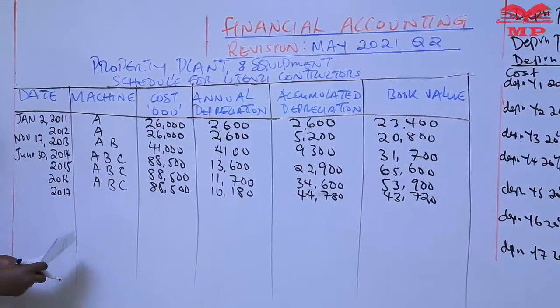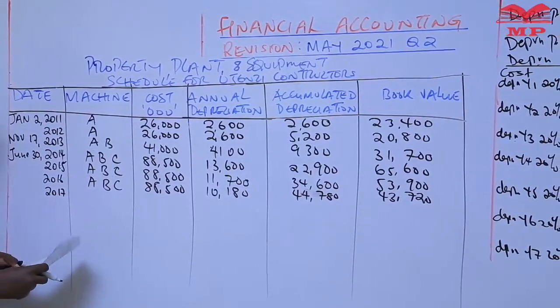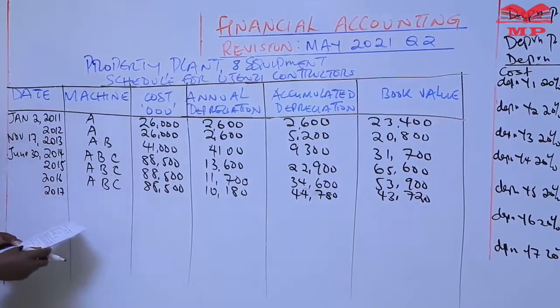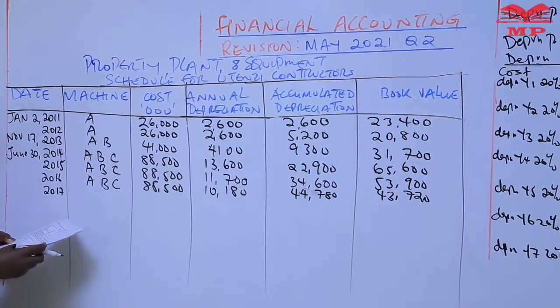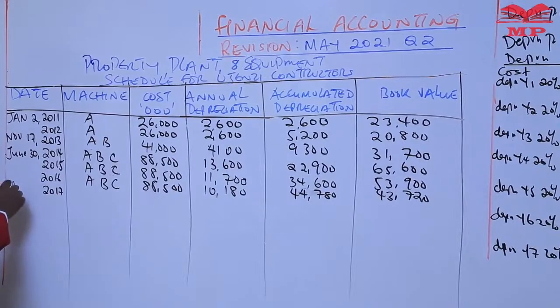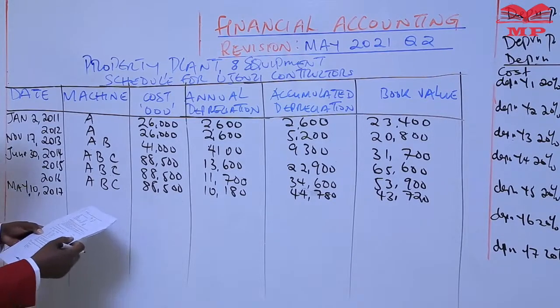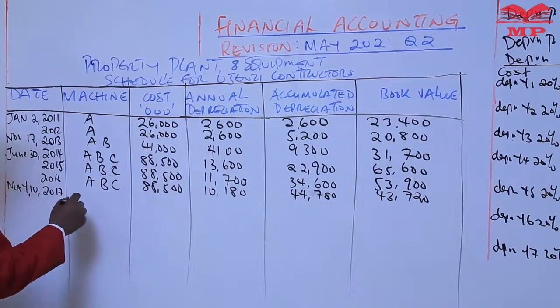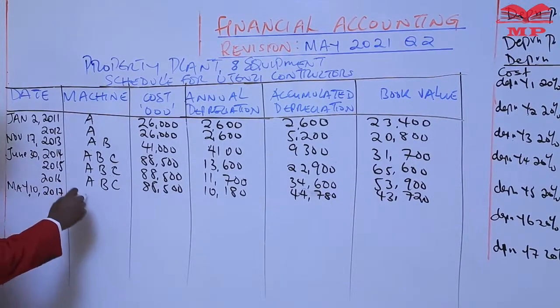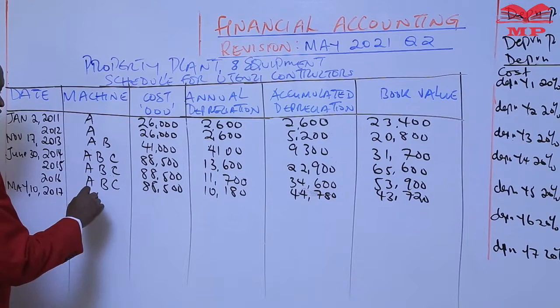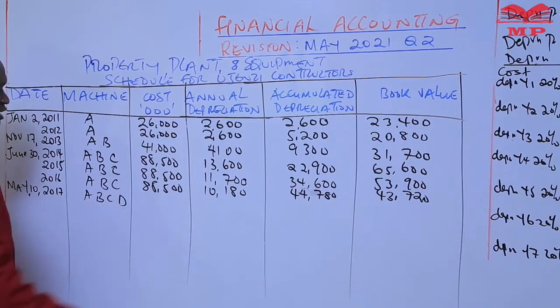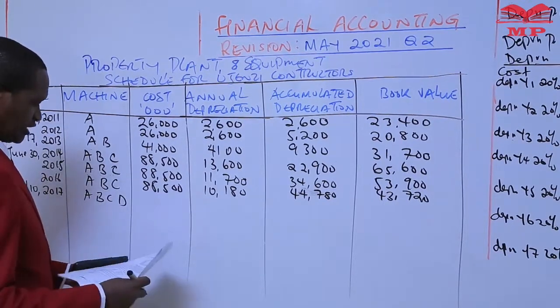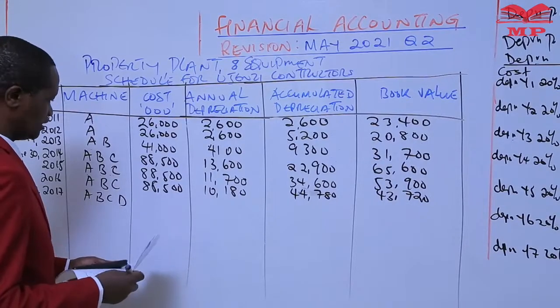Was there any purchase in 2017? Yes. Machine D was purchased on May 10. So in 2017, there are 4 machines, A, B, C, and D. The cost is 18 million.